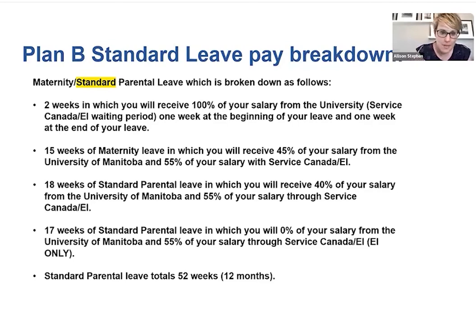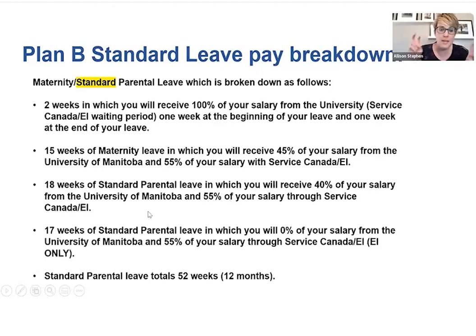So after her first week of waiting period pay, she'll get 15 weeks of maternity leave top up. So she'll get 45% of her salary paid from the U of M and 55% of her salary from Service Canada. Then she'll flip to the parental leave portion and she'll get 18 weeks of top up, which is 40% of her salary, and 55% from EI.